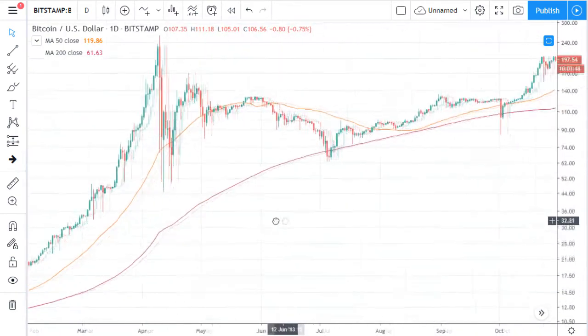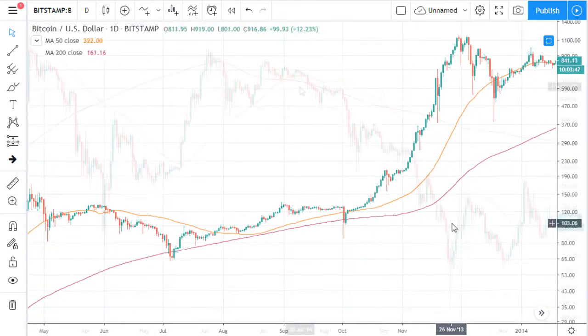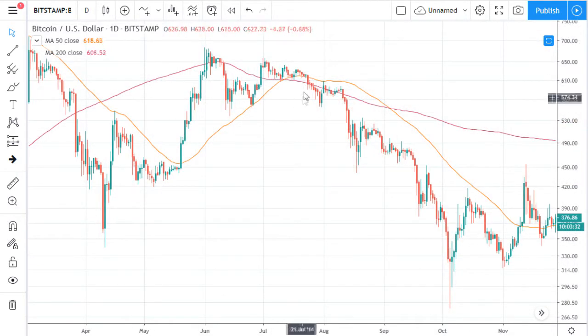Let's take some other example. So let's say here the 50-day moving average crossed above the 200-day moving average. Now while the golden cross occurred, the pump never occurred because there are 2 or 3 scenarios where the pump can occur due to the golden cross.